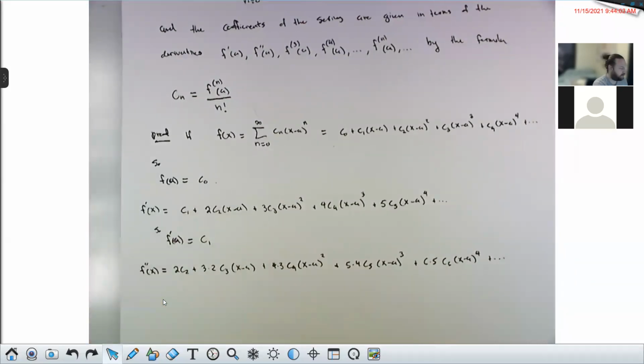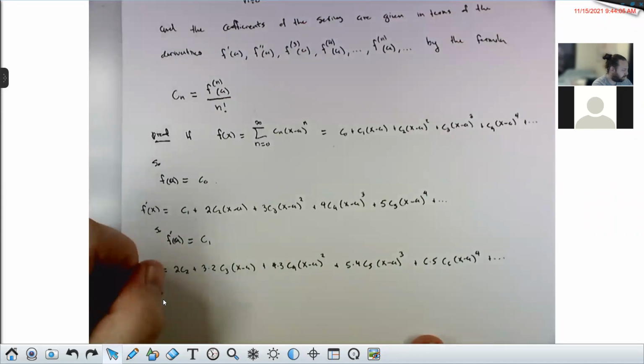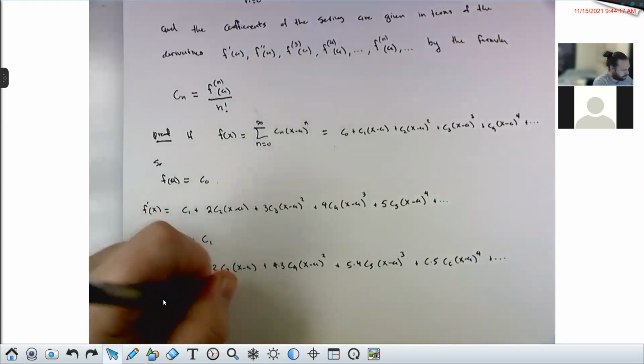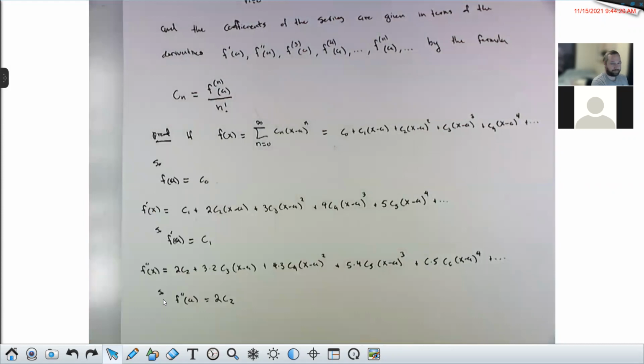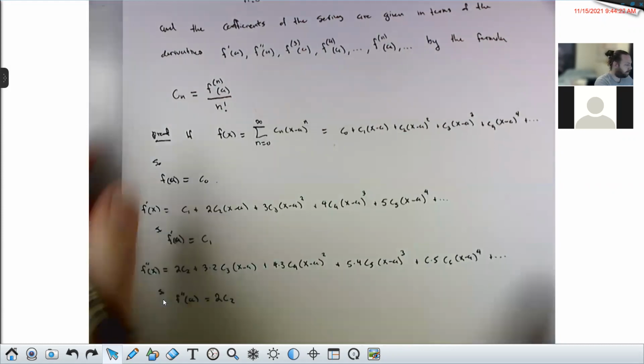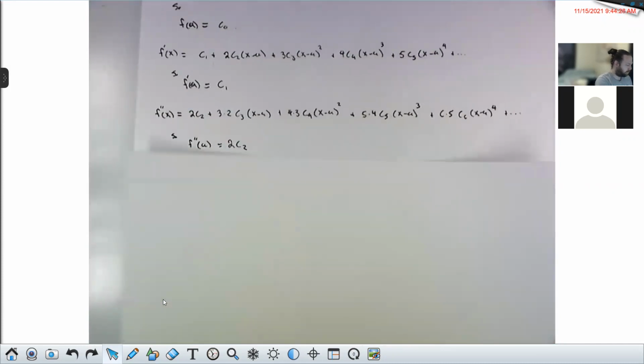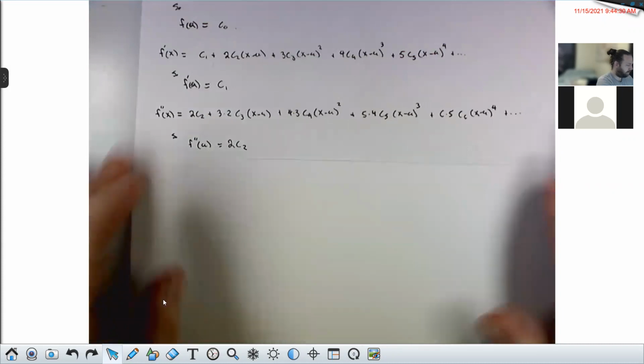Now when you plug in the center, a, on the left-hand side you have f double prime of a. On the right-hand side, all of these other terms are 0. You just get 2 times C2. We're going to do 2 more of these, and then we look for the pattern.